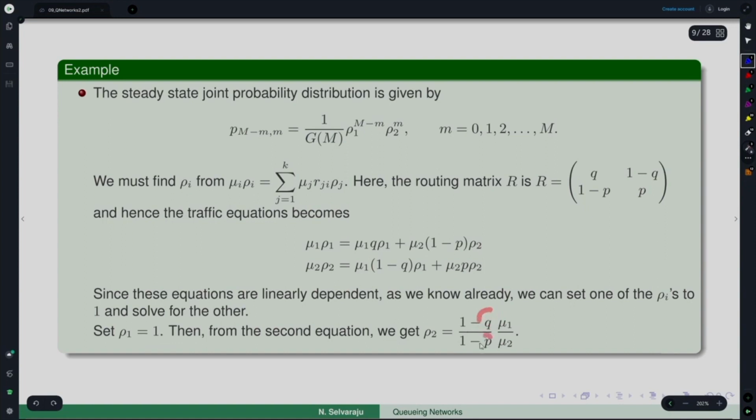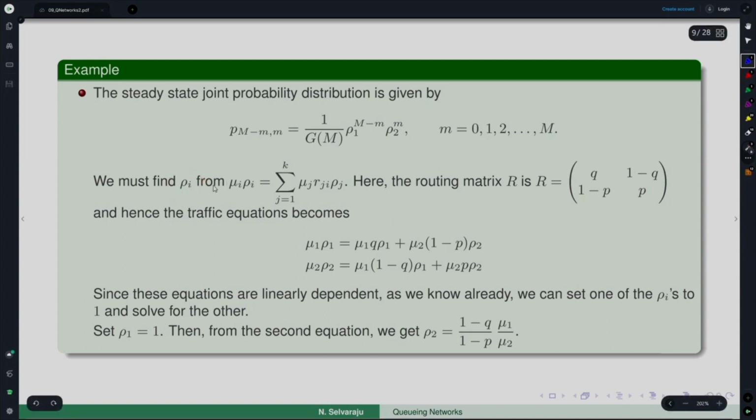For example, for certain values of P, Q, mu 1, mu 2, this may even be more than 1 or less than 1, but what we are saying is it is just relative to the one which we are fixing. You have to remember that. So this is not really the actual throughput or actual utilization, throughput in the sense of the corresponding lambda i's, but this rho i is the relative utilization.